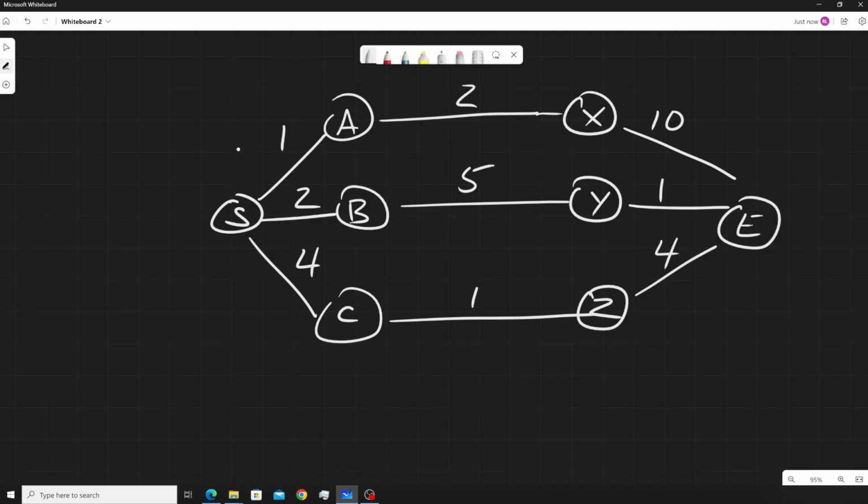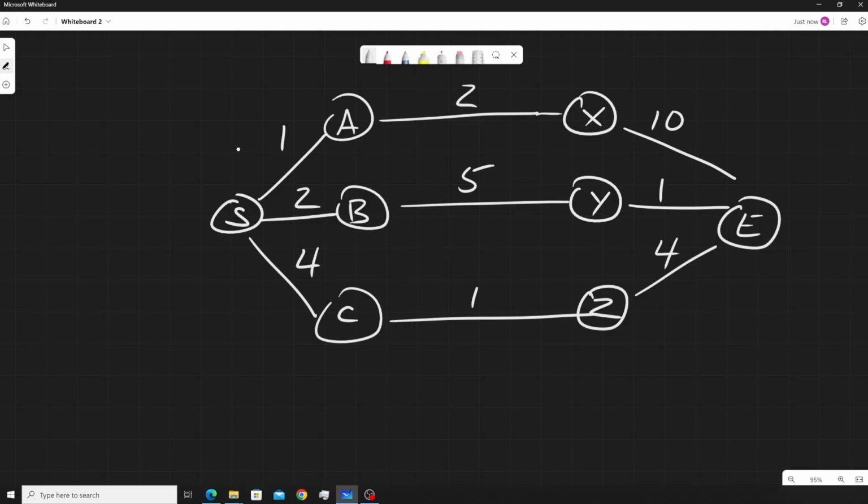Okay, so Dijkstra uses a special data structure in order to facilitate this, and that special data structure is the priority queue.